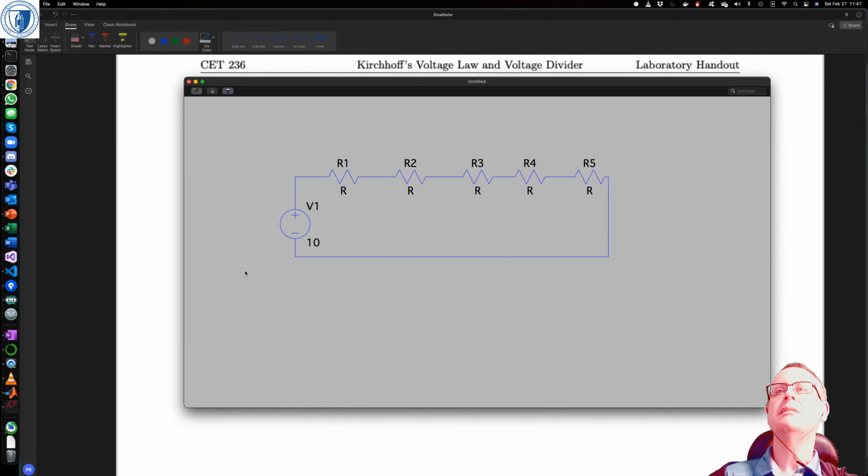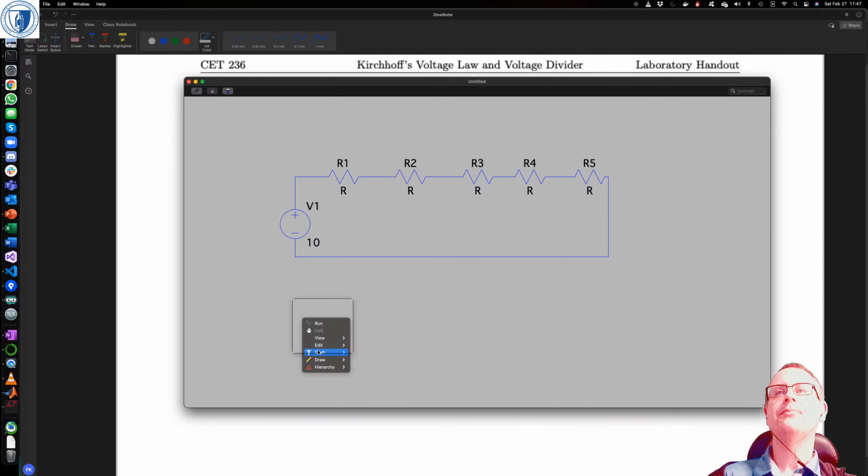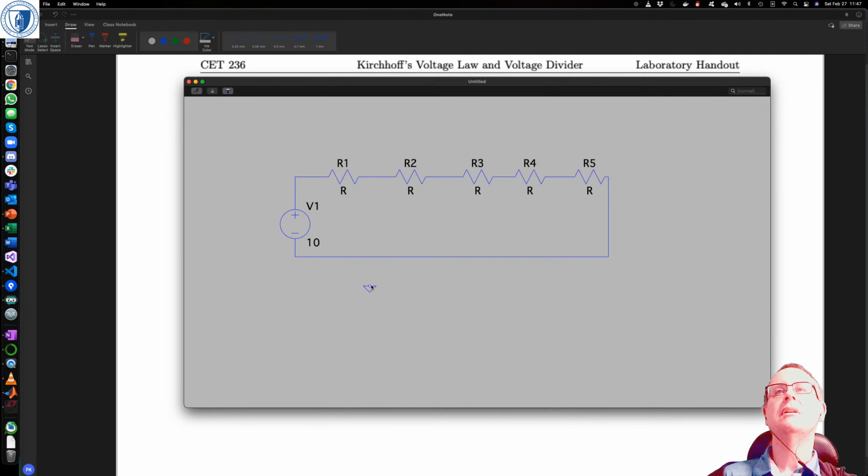Okay, and then to get the ground, I always forget the net name. I think it is... Right, and then F3 again to wire it up.